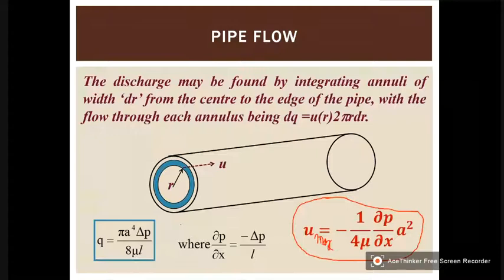No. So mu cannot be negative, A square cannot be negative. So what should be negative then? Pressure. Don't say pressure, there is no pressure here. In the equation you have the pressure gradient. So the pressure gradient must be only negative.